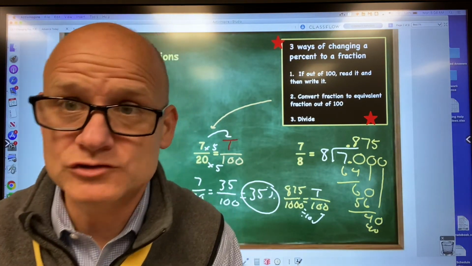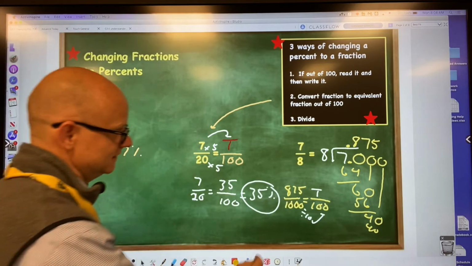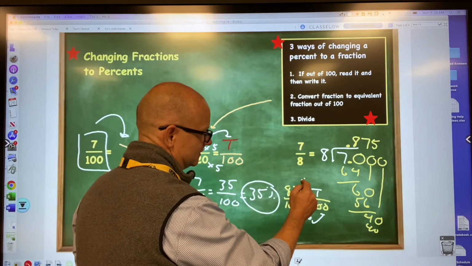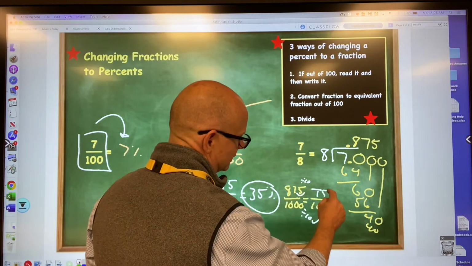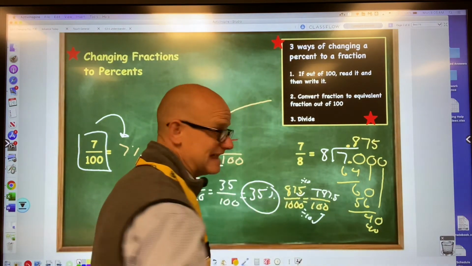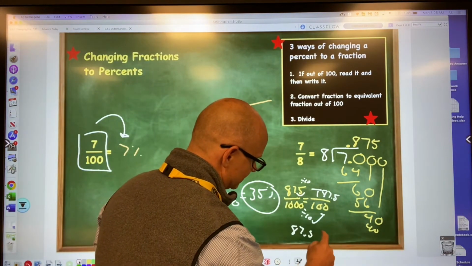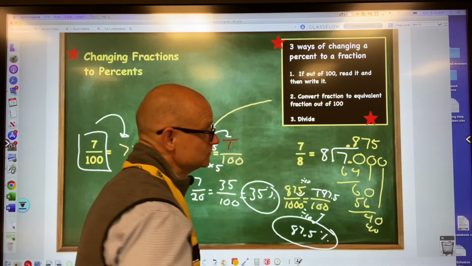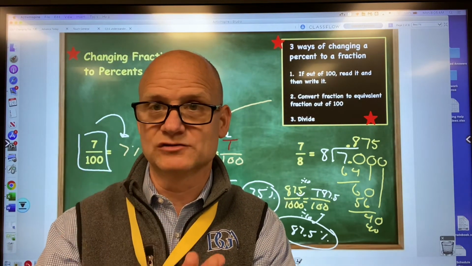When you divide by 10, you do what? You jump 1 to the left. So you're going to divide by 10 and move the decimal 1 to the left. And so you get 87.5. And now it's out of 100. So you get 87.5%.